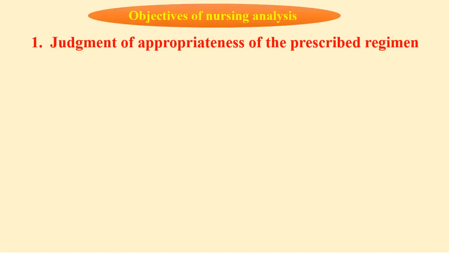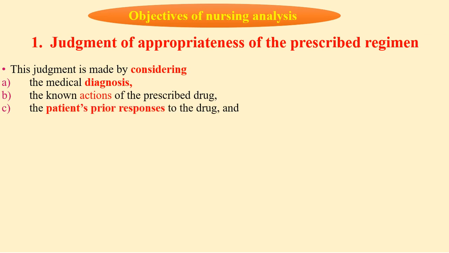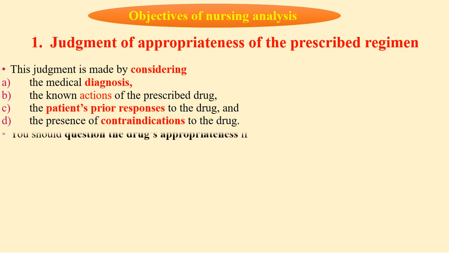The objective of nursing analysis is to judge the appropriateness of the prescribed regimen. Regimen means the system. This judgment is made by considering first the medical diagnosis and action of the prescribed drug, as well as the patient's prior response to the drug, and finally the presence of contraindications to the drug.